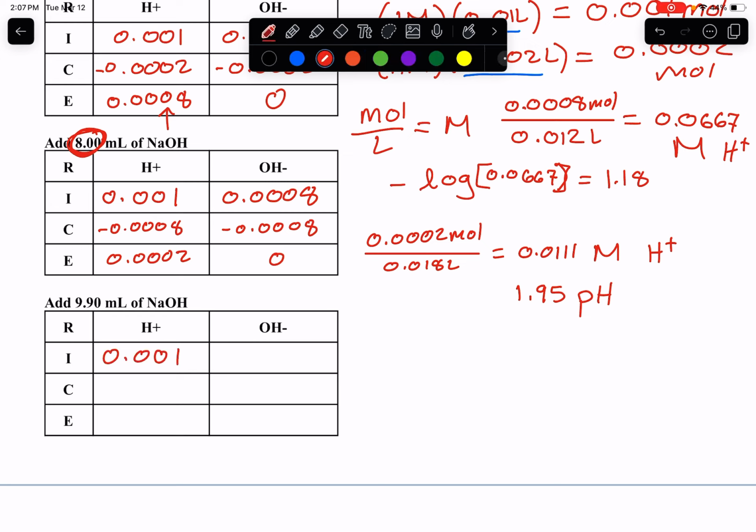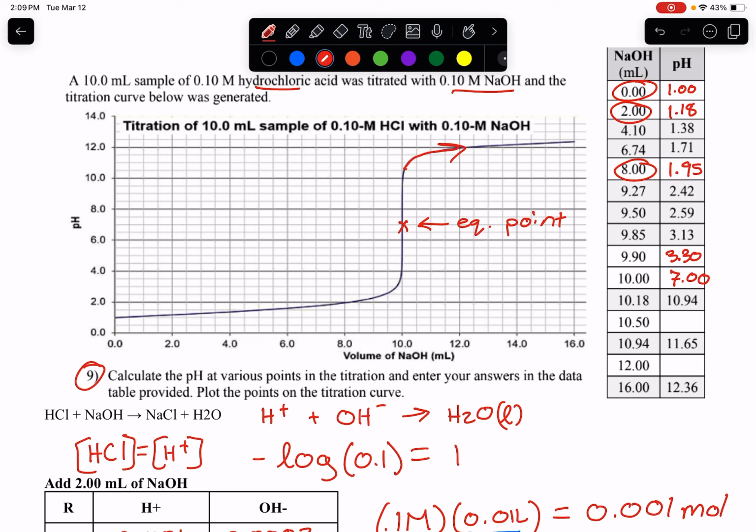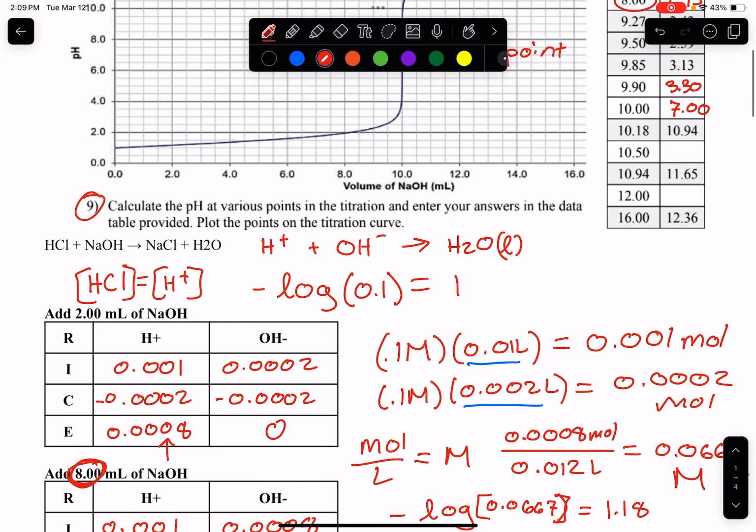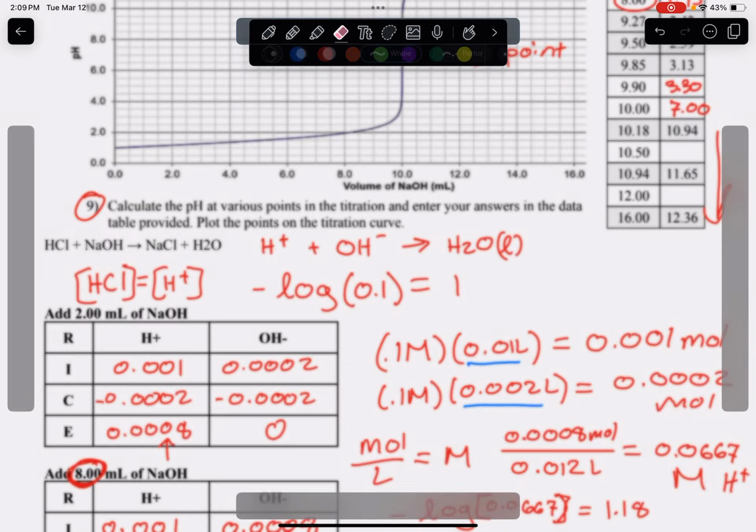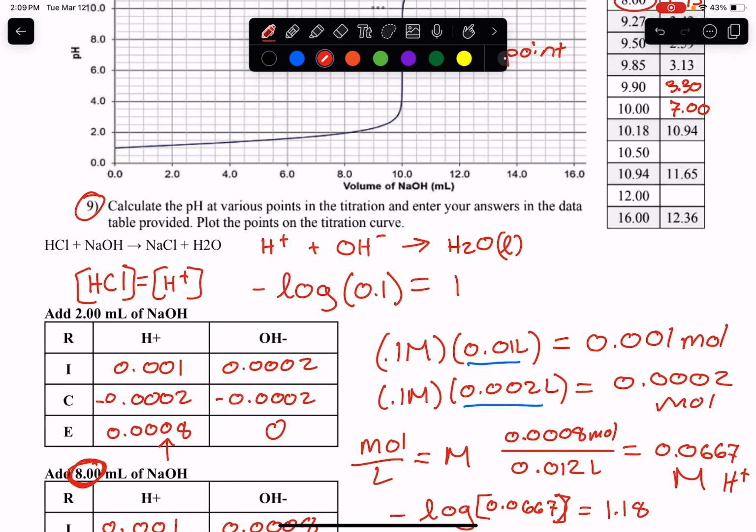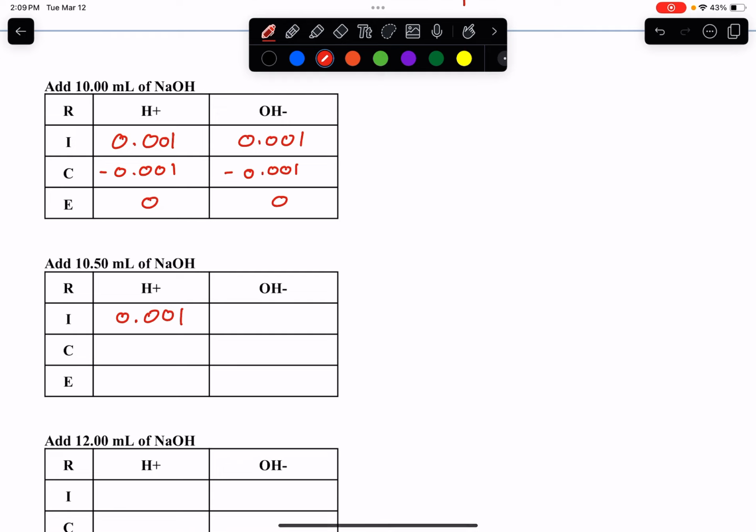All right, now after the equivalence point, as we're continuing to add sodium hydroxide, we've used up all of our HCl. Therefore, all we have is sodium hydroxide left. So that's why we are turning into a more and more basic pH here. So let's go ahead. We originally still have only this amount of moles of H. And now we take our molarity, the still 0.1 molarity of sodium hydroxide times the 10.5 milliliters, that gives us 0.00105 moles.